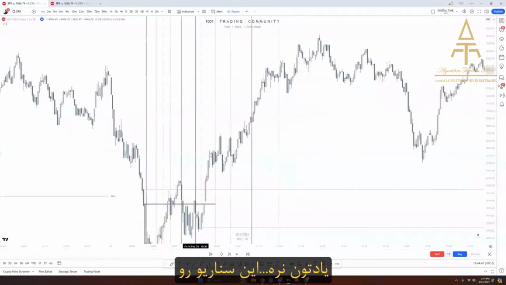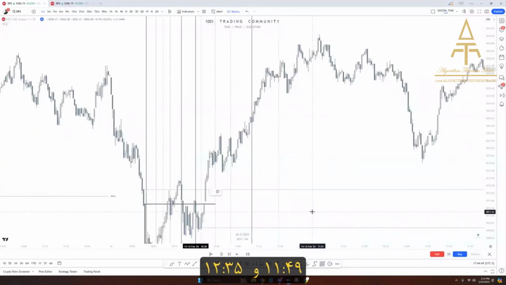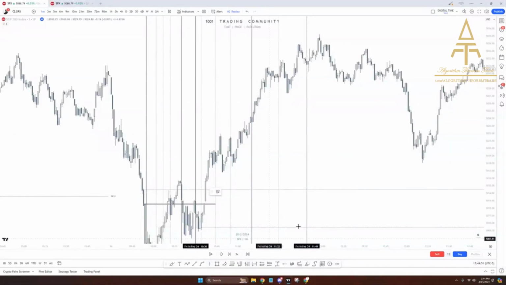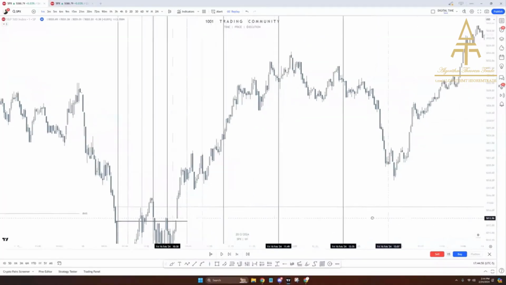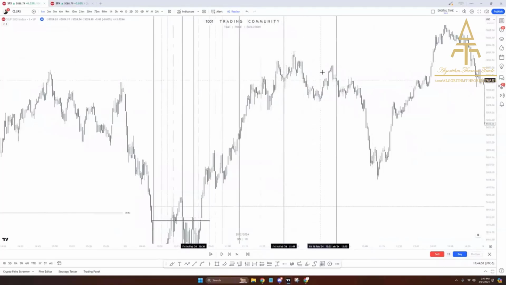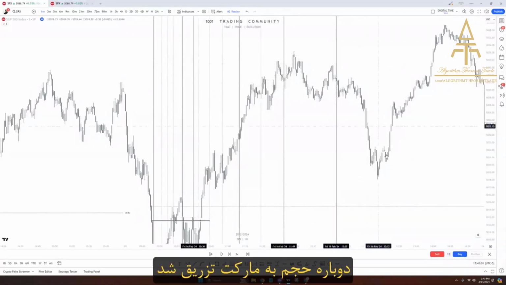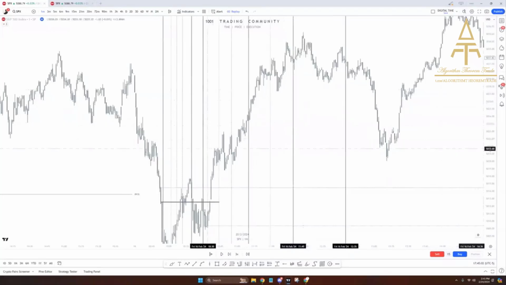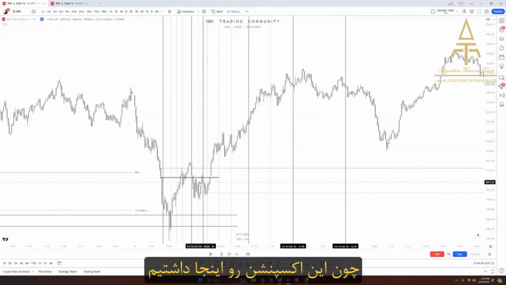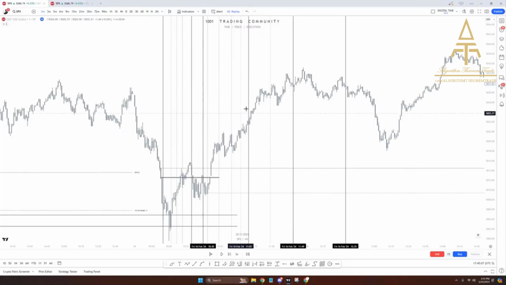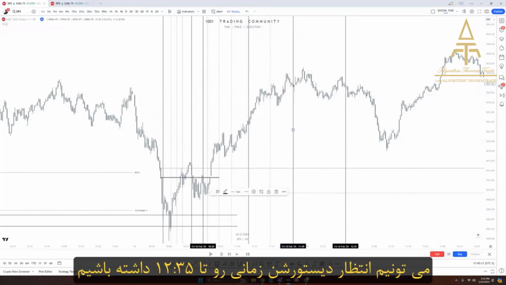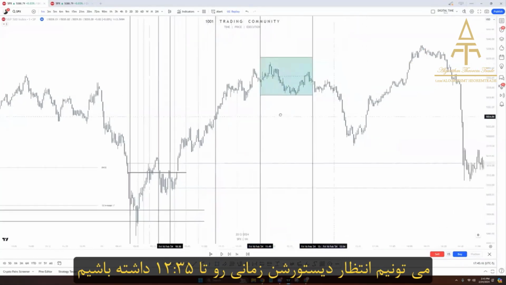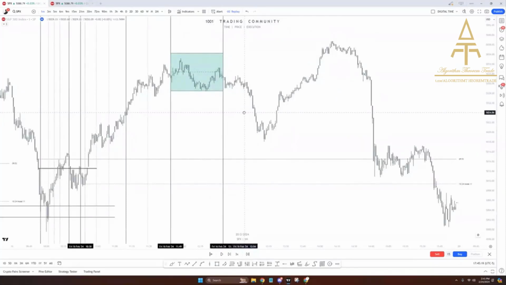10:34. Expansion towards buy side. Remember, best case scenario, 11:49, 12:35. Look what happens here. Now, time distortion, chop, volatility injected again. So, because we saw this expansion here, once 11:49 hit, we can then expect time distortion until 12:35. Why?